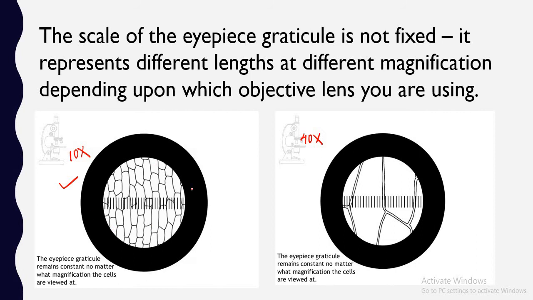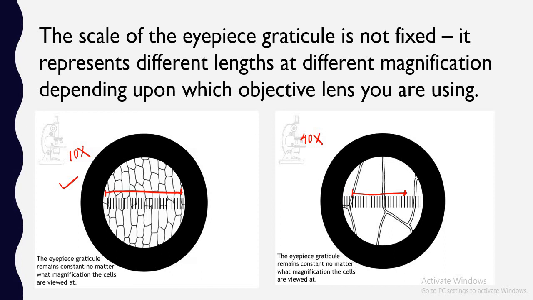Since you have changed the field and the magnification, you need to calibrate again, because maybe over here you had superimposed your stage micrometer here, and now when you have changed it, it has shifted from here to here, so it is not calibrated anymore. So you need to calibrate each and every time you change the magnification. Do not forget this.